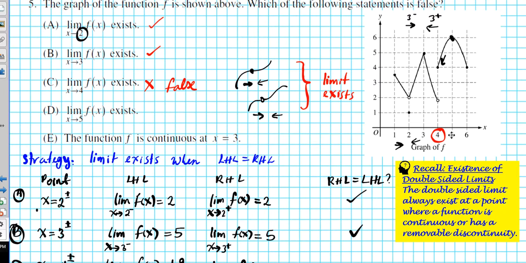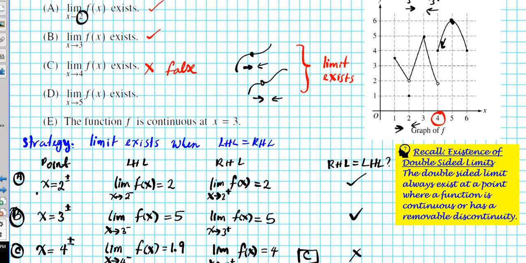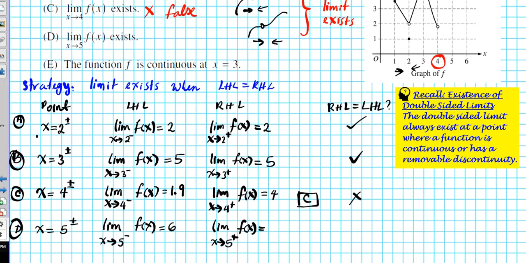For this x value, the y coordinate that you're approaching is 6 from the left. So this is equal to 6. And then from the right, the limit as x approaches 5 from the right of the function is also 6. You're approaching the same point from the left and from the right. So that tells us that the limit does in fact exist.